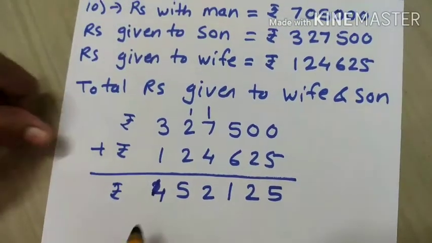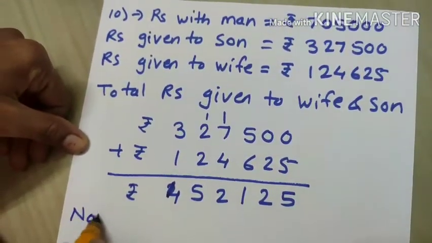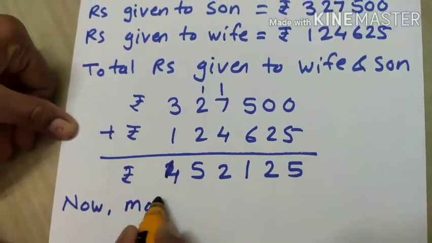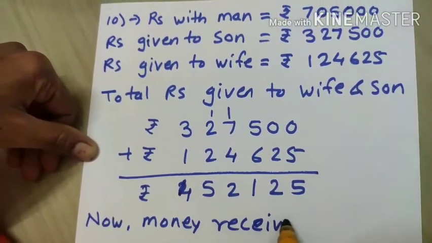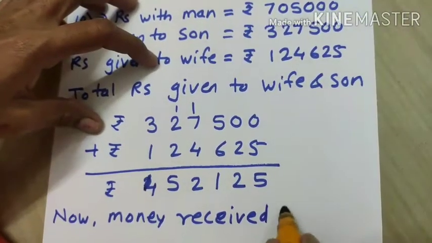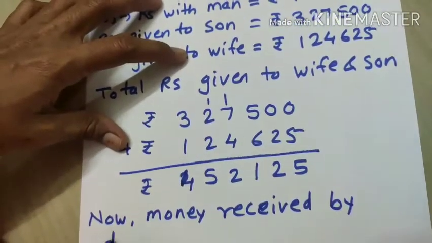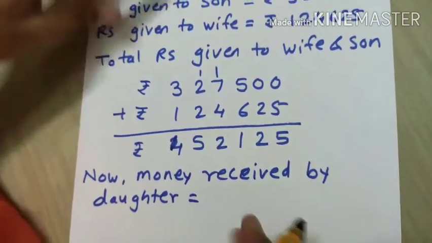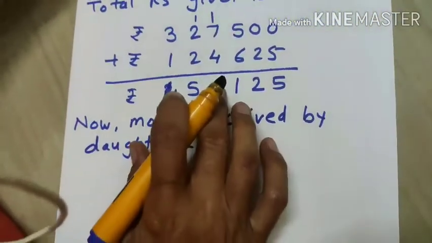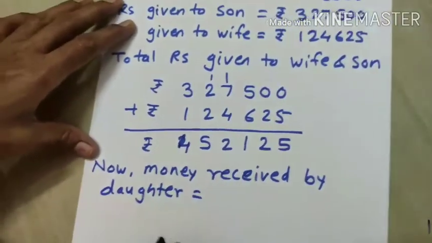So now you are finding money received by daughter is equal to. So this addition answer you have to subtract from the money with the man.